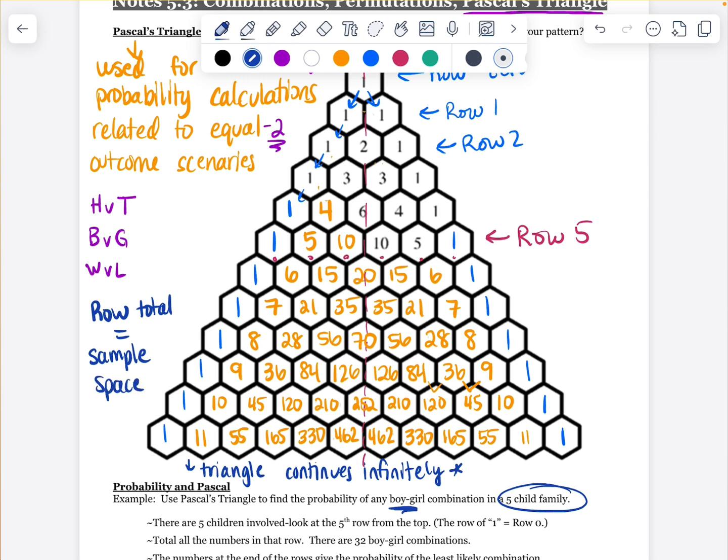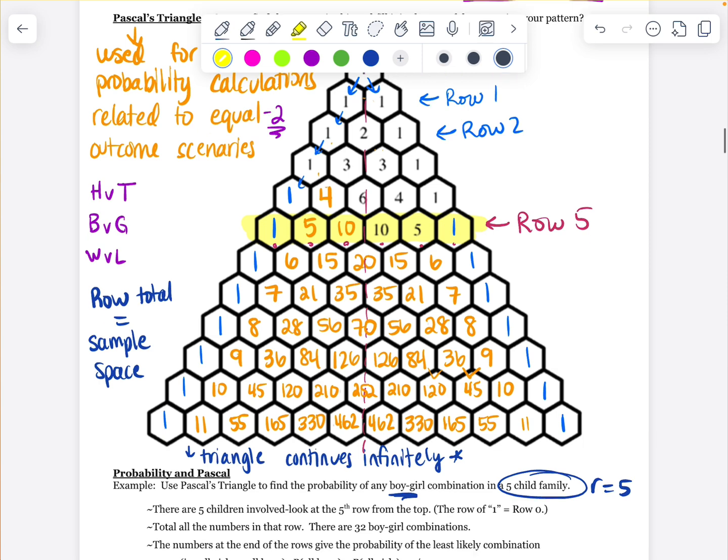Okay, so since I said a 5-child family, we're going to say R is 5. Okay, so that means the row we're going to be looking at is this row right here. Okay, this is row 5. All right, and if I add up all the cells, I've got a 1, a 5, a 10, another 10, 5, and 1. There's a grand total of 32, okay?